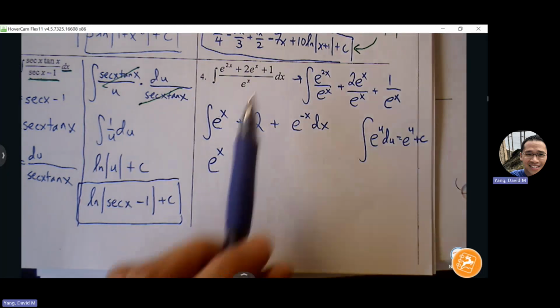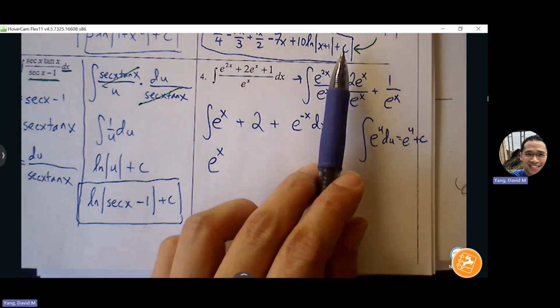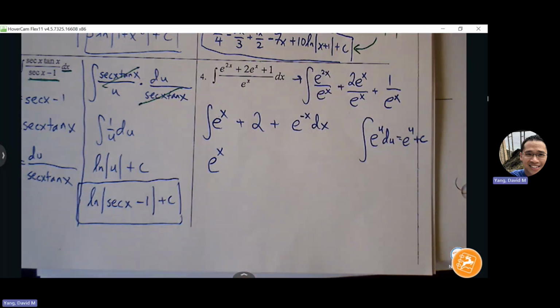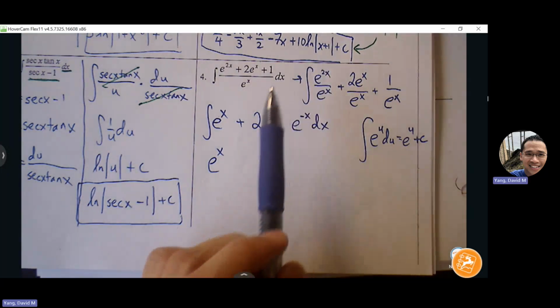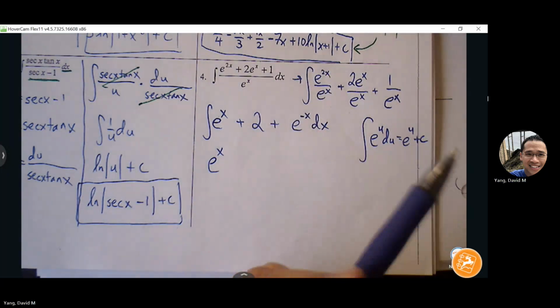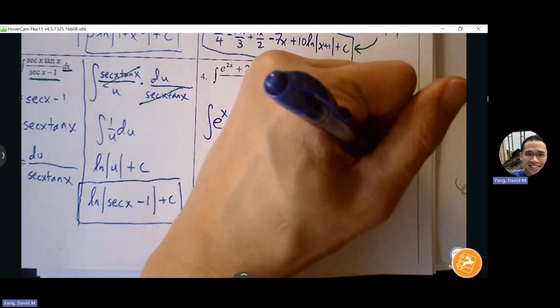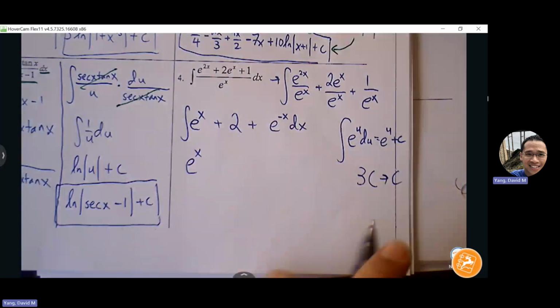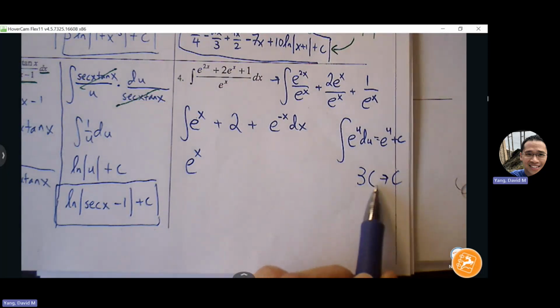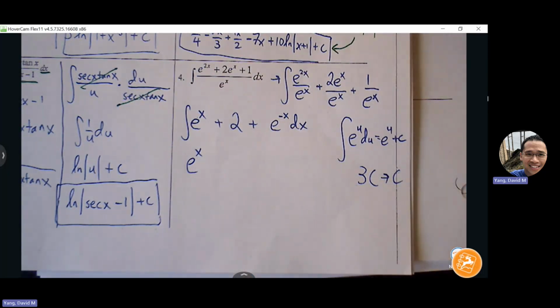There's more than one term here, but we'll just do a plus c once at the end. Yes, you're technically having plus 3c, but 3c is the same thing as a constant. Because if I do 3 times the constant, it's still a constant, so I don't have to do 3c. Does that make sense? It's all piled up into just a single term.